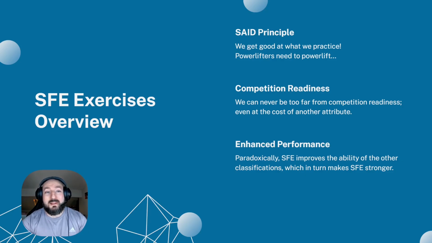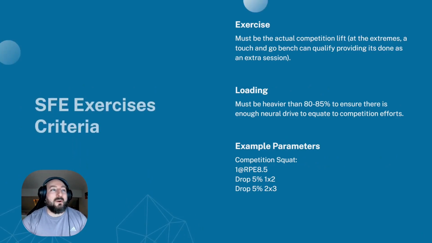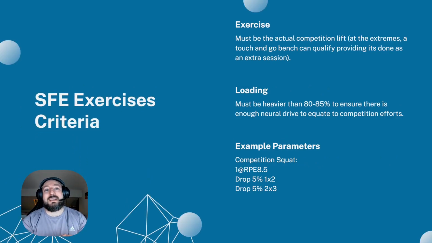Pure and simple. The criterion for SFE is that the lift has to be identical to the competition lifts. In terms of bench press, that can be an exception to the rule. There's a pause in competition bench press, but technically, even on touch and go, there is a pause, because even though it's very, very small, there has to be a part of the lift where it transitions from eccentric to concentric, also called the amortization phase, where the velocity is zero.